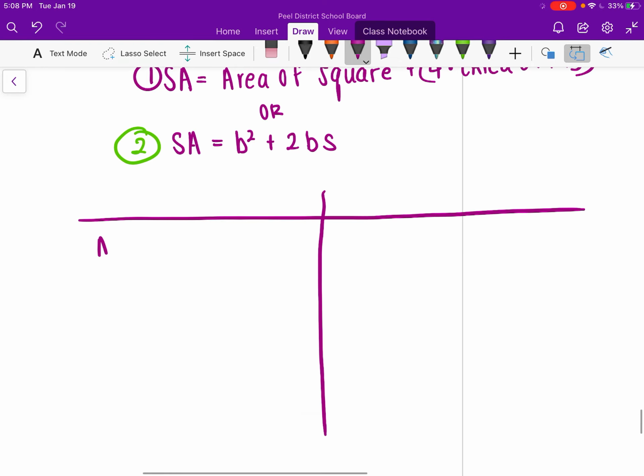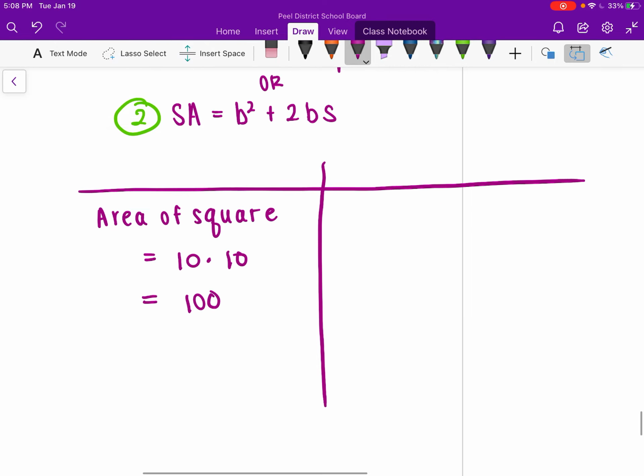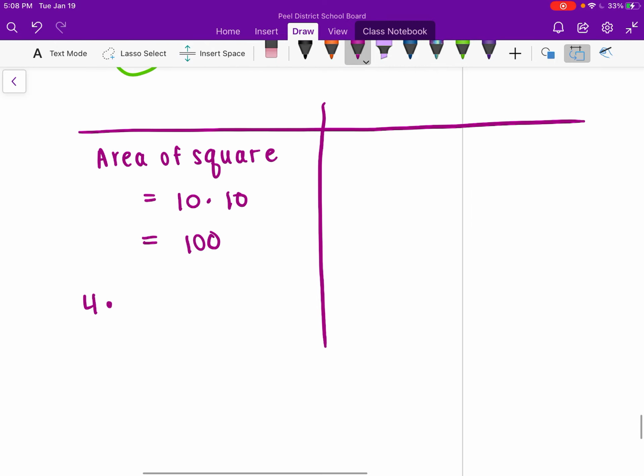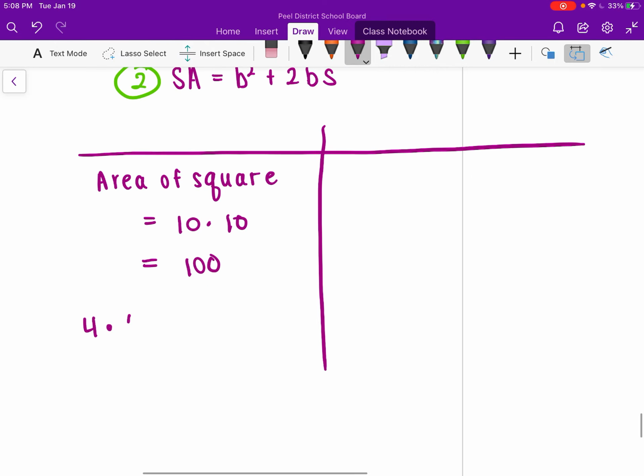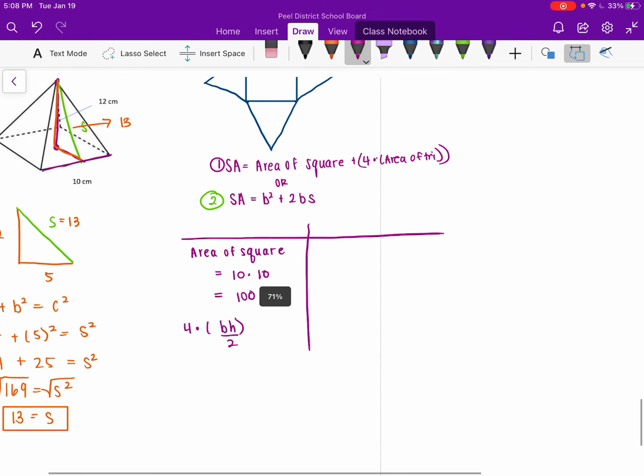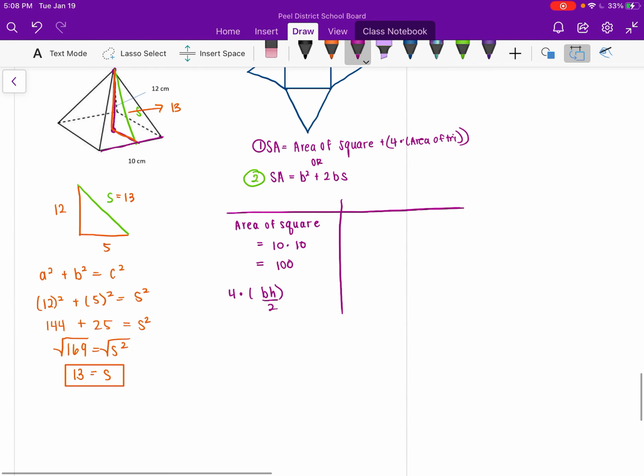So I know that the area of the square is equal to 10 times 10. It's going to give you 100, right? Then you have 4 times the area of the triangle. So the area of the triangle is base times height divided by 2, right? Which is also, let's look here, base was 10, height was 13.